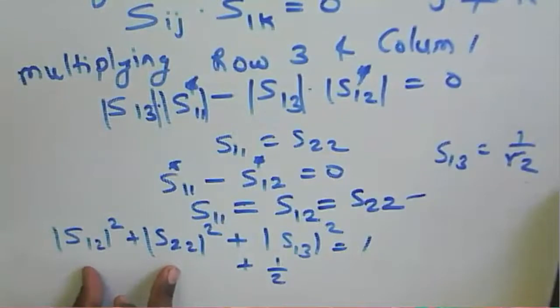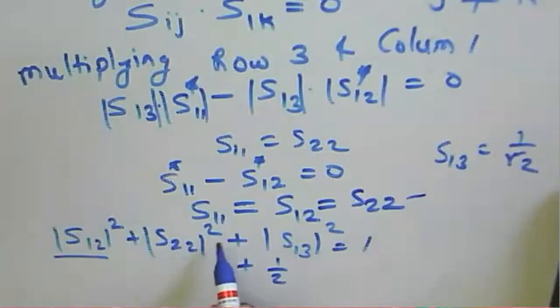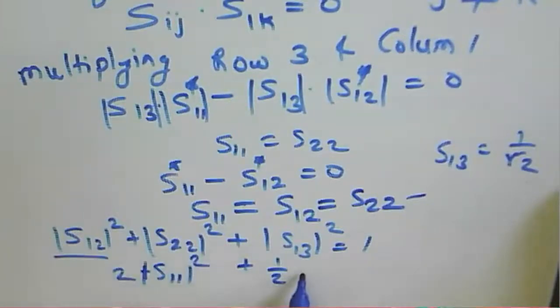We can write either in terms of S12 or in terms of S11. So this particular factor S12 will be S11, or S22 will be S11. So we can write all these equations in terms of S11, and we'll get twice S11 square plus 1 by 2 is equal to 1.